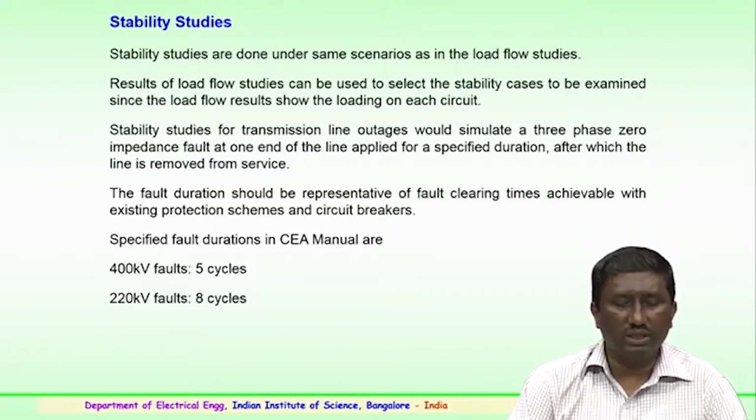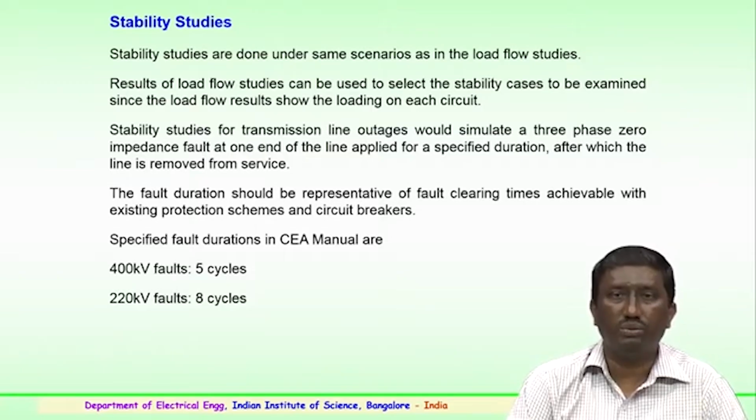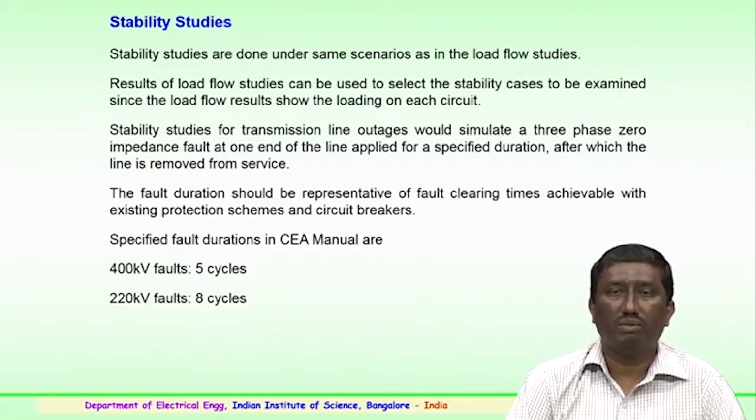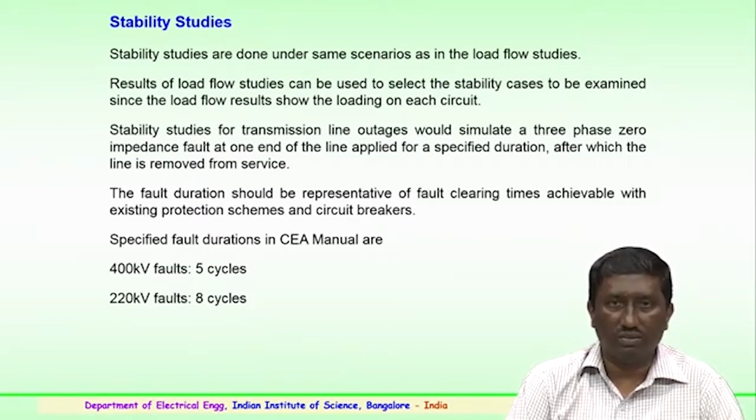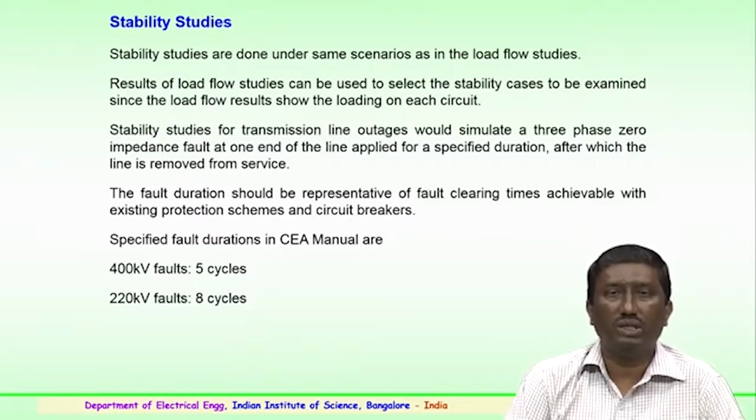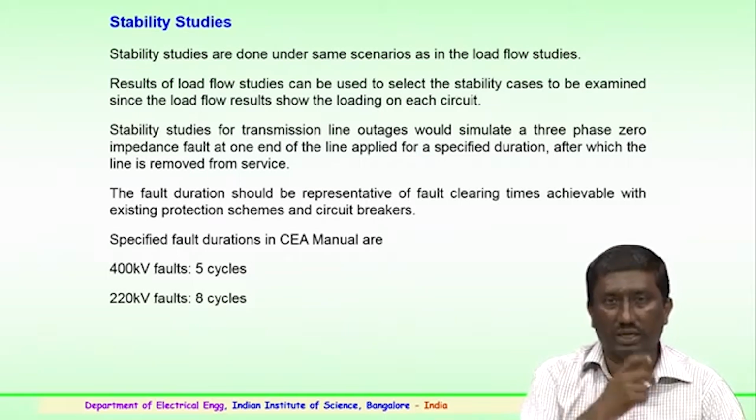The stability studies which are carried out for transmission line outages would also simulate a 3-phase zero impedance fault at a particular end of the line, which is applied for a specific duration, after which the line is removed from service. So, all this could be helpful in finding out the performance of the substation during the fault occurrences.